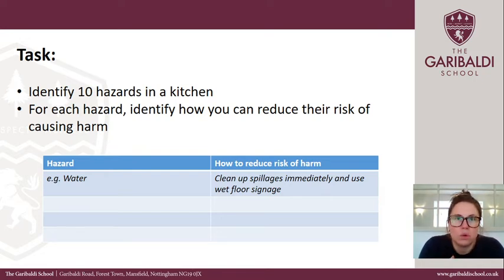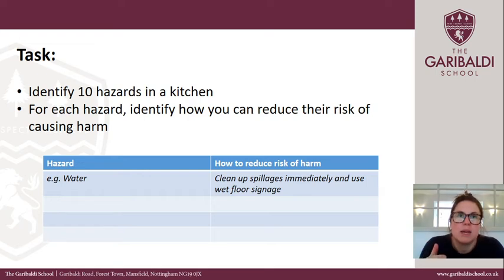You could also, for water, say how to reduce the risk of harm is using a jug to pour water from one place to another. You could say have hot water taps labelled to reduce scalding. There's loads and loads of different hazards and multiple ways that you can reduce the risk of harm.